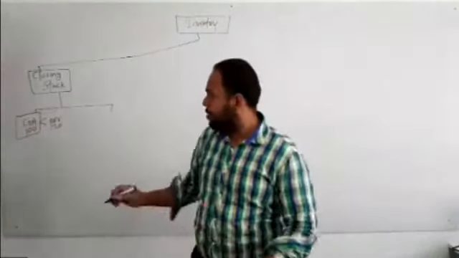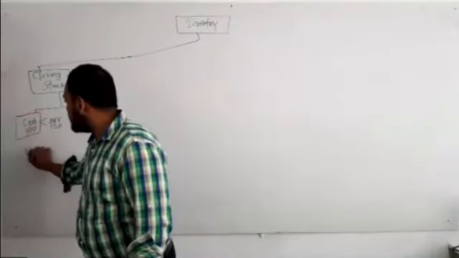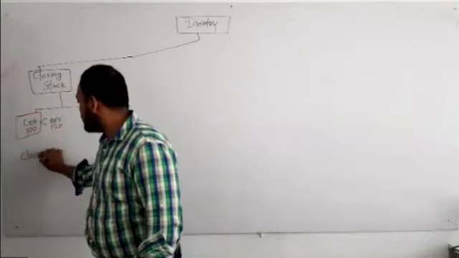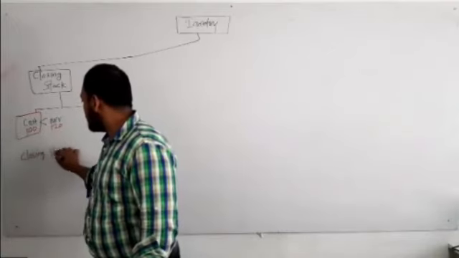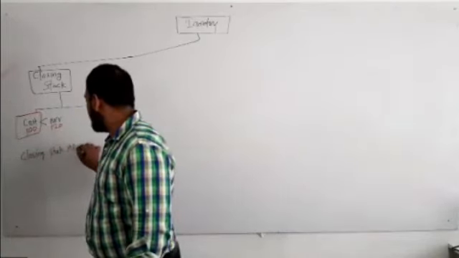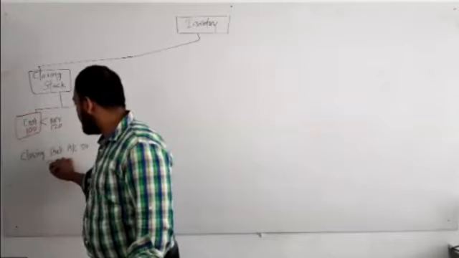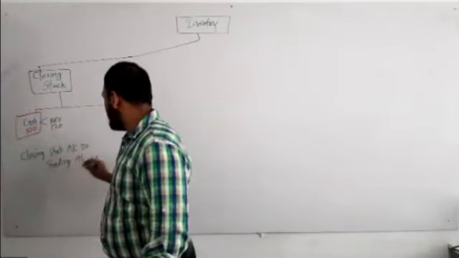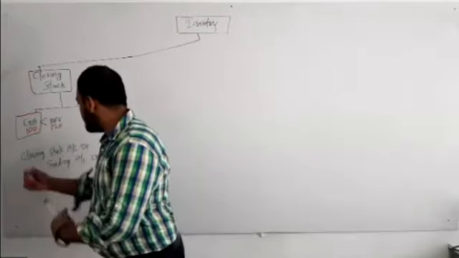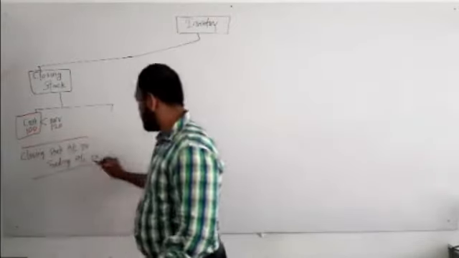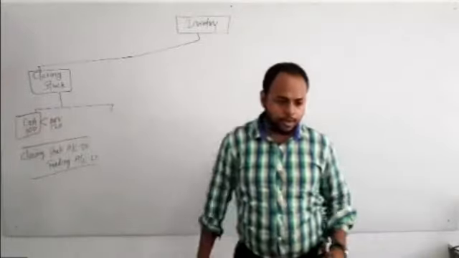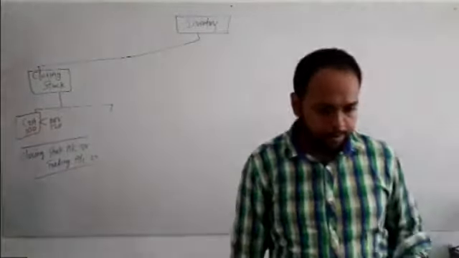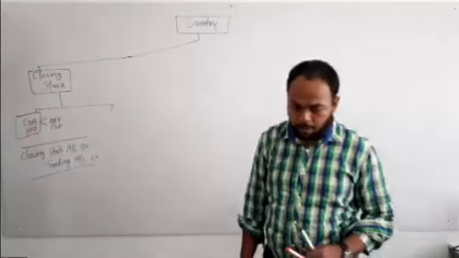Then the double entry will be closing stock account debit, trading account credit. So I hope you can see the board.